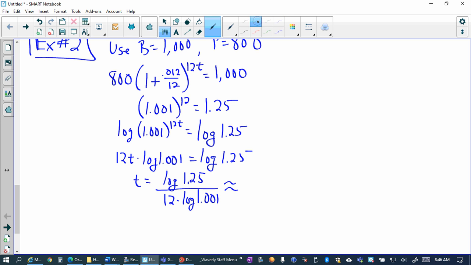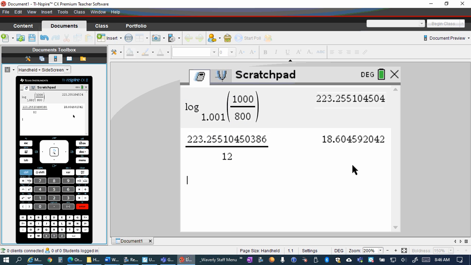So make sure, when you put this in your calculator, you parenthesize that and group it. Okay, so let's put that in. So we'll have log, leave that blank. If they leave it blank, they assume base 10.